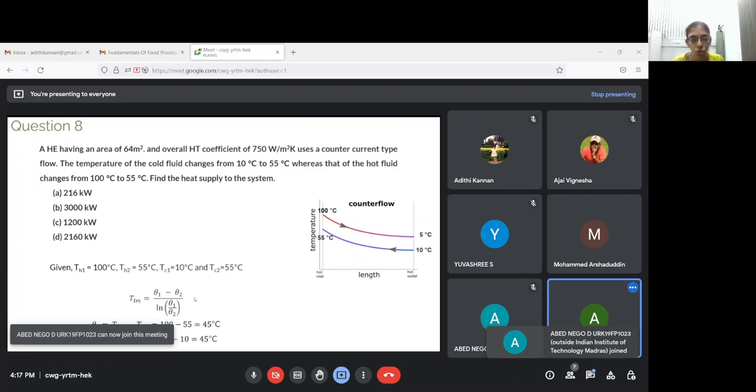So in this case, how will you calculate LMTD? When both your theta 1 and your theta 2 turn out to be the same, if you substitute it in the LMTD formula, it will give you 0. But that is not the case here. There is heat transfer happening. There is some delta T, there is some driving force. So what do you do in this case?